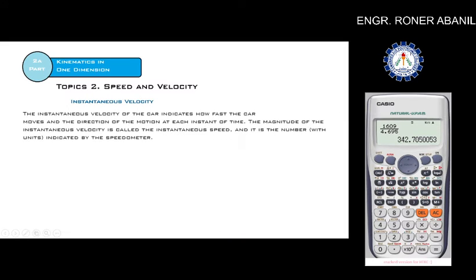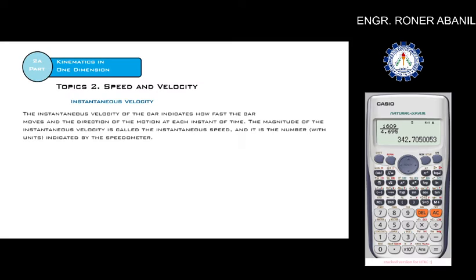So, pasok tayo dito sa tinatawag na instantaneous velocity. The instantaneous velocity of the car indicates how fast the car moves in the direction of the motion at each instant of time.